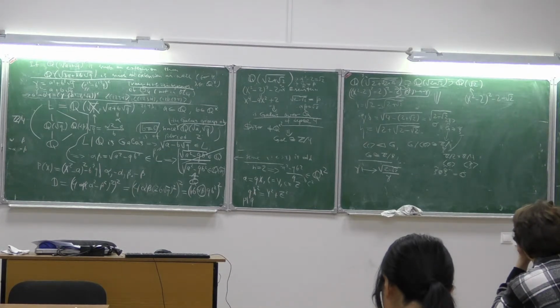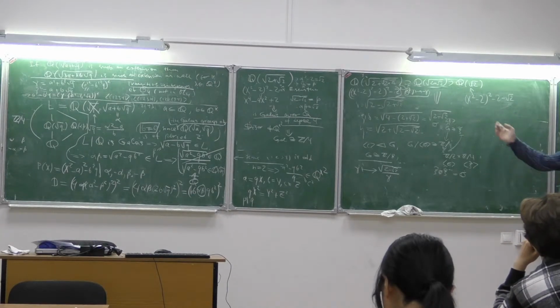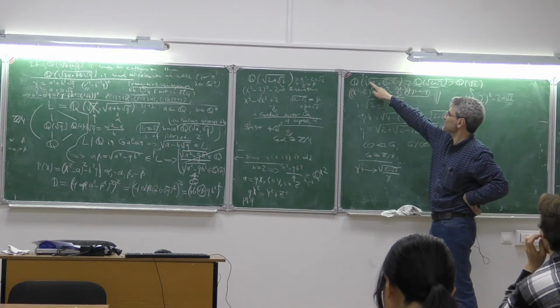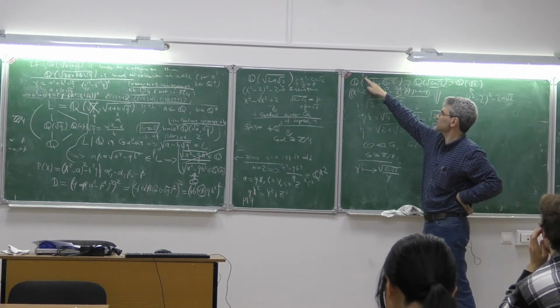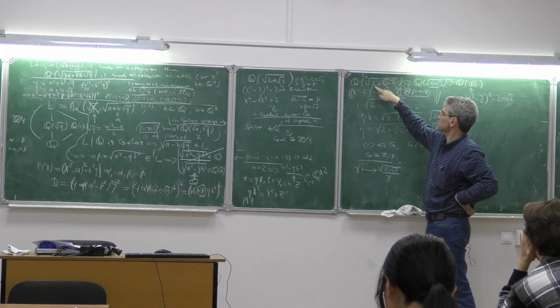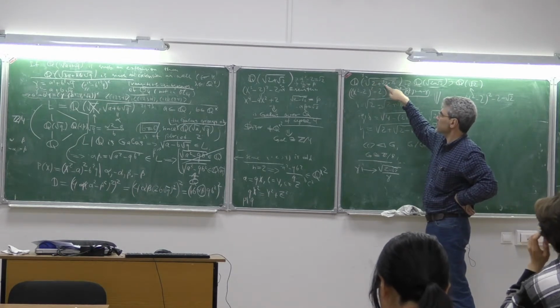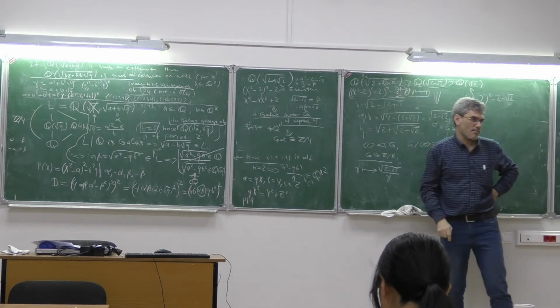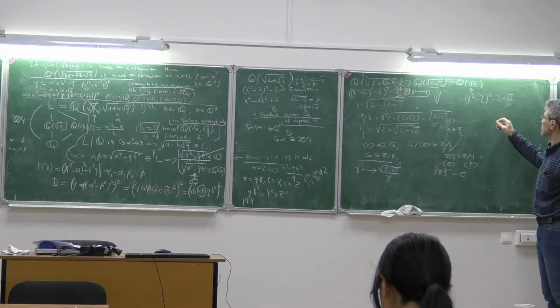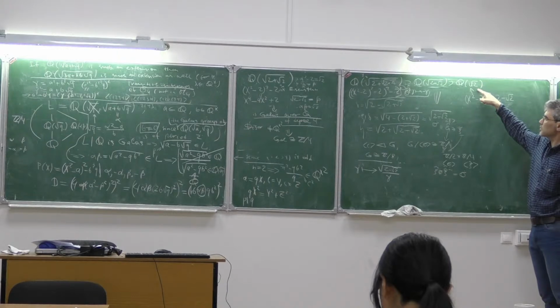How did we get it? You square this, subtract 2, and square again. It's a polynomial of the same element gamma over Q of square root of 2.